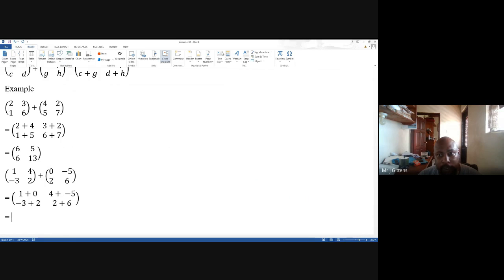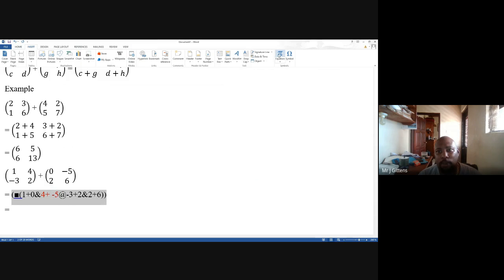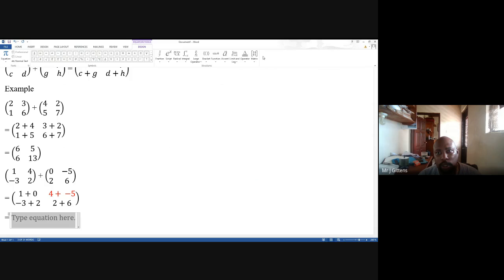Now before I add this up, I can simplify it some more, because when you look here, you have 4 plus -5. Before you add it, the first thing we do is simplify that part of the equation. 1 plus 0 remains.